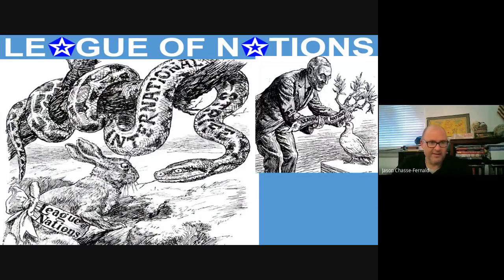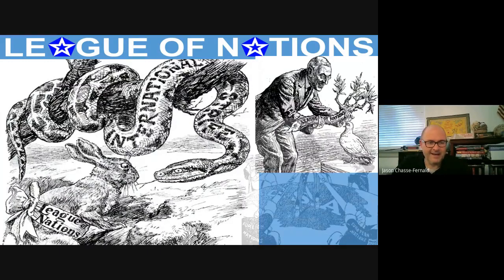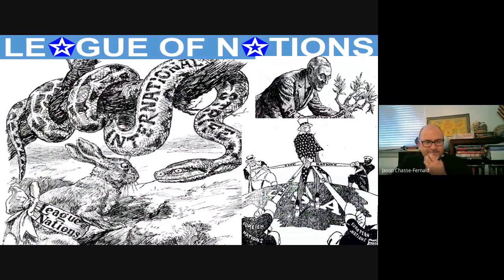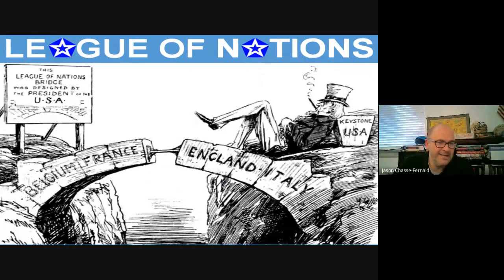And of course, one of the other issues with the League of Nations is that Woodrow Wilson, in the United States, who came up with this idea, it is never actually ratified by the Senate. So the United States, we don't actually join it. So we would have been the keystone of it. We would have been the thing that maybe would have made it effective.